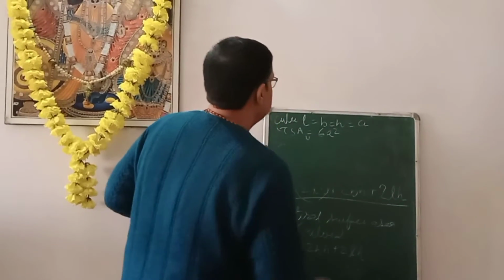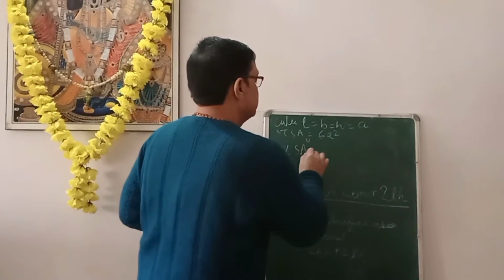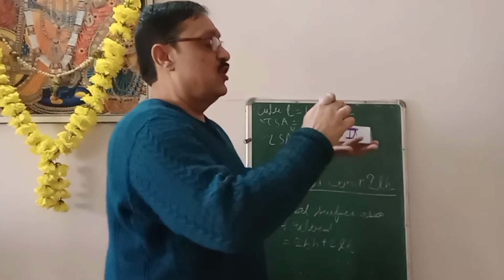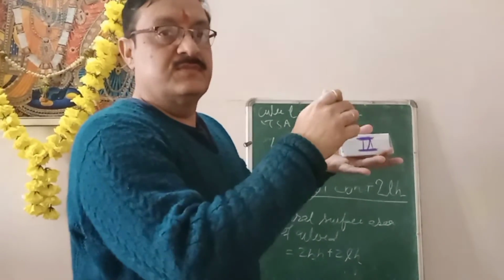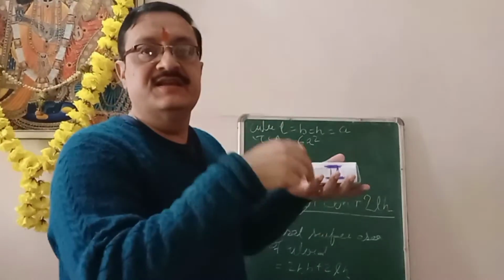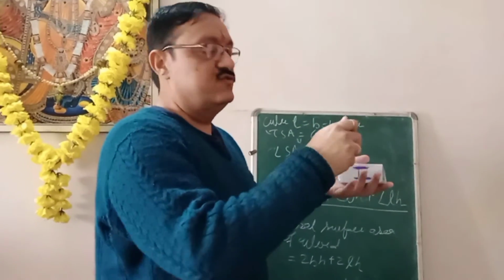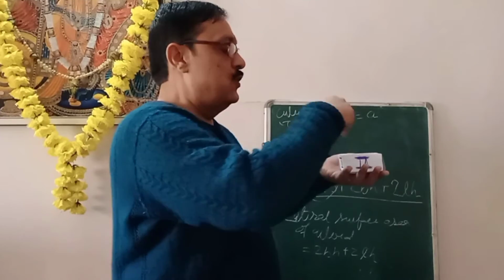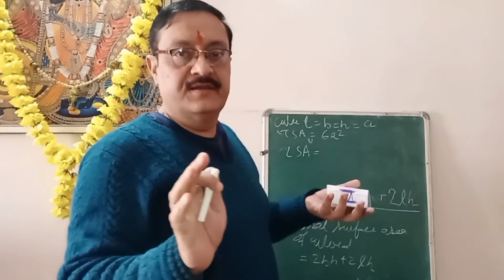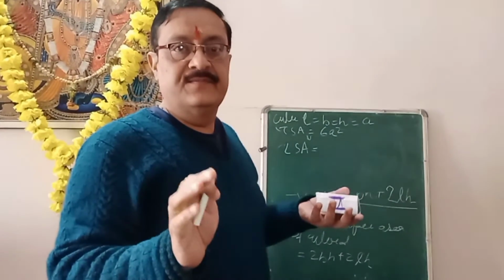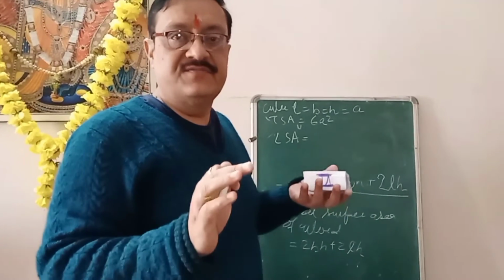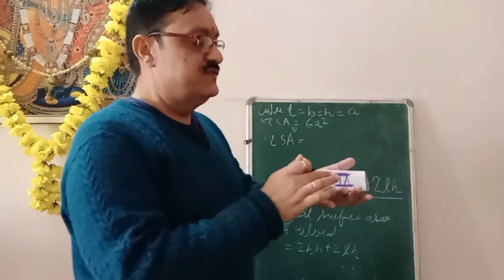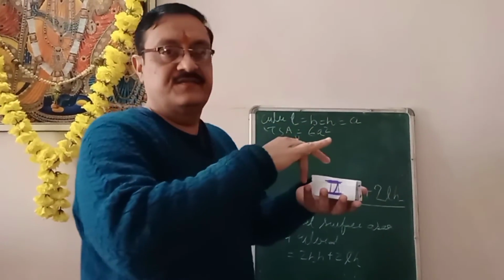In case of a cube, what is LSA? In case of LSA, we exclude top and bottom, a rectangle in case of cuboid and a square in case of cube. So we will have 4 squares only if we consider LSA. When we talk of lateral surface area of cube, we consider only 4 squares.